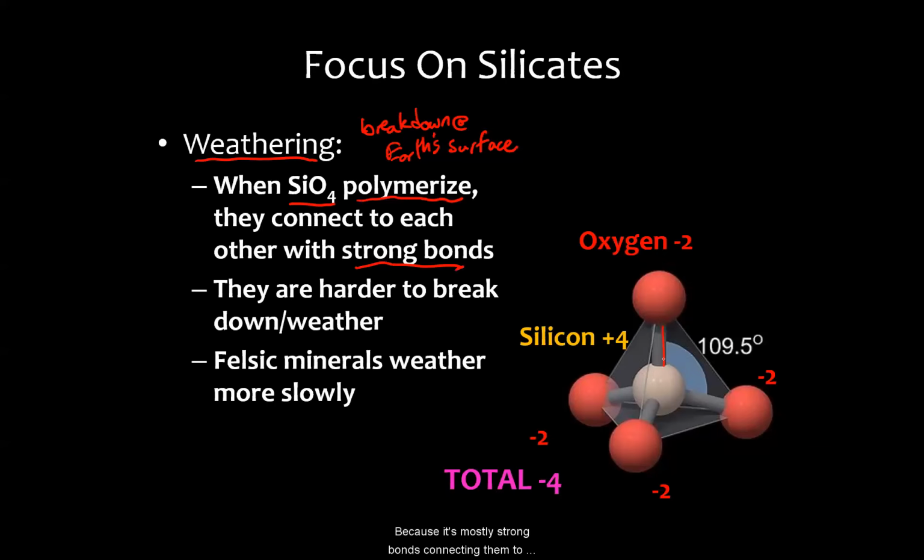Because it's mostly strong bonds connecting them together, they are much harder to break down. They're much harder to weather. As a result, felsic minerals tend to weather more slowly. If you start with some felsic and some mafic minerals and leave them at Earth's surface, the mafic minerals will weather away and disappear much faster than the felsic minerals. And pretty soon, you'll be left with only felsic minerals at Earth's surface.